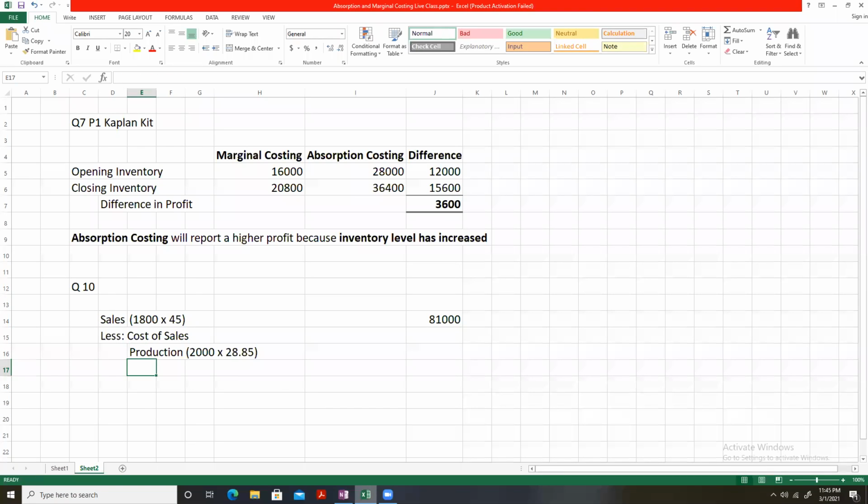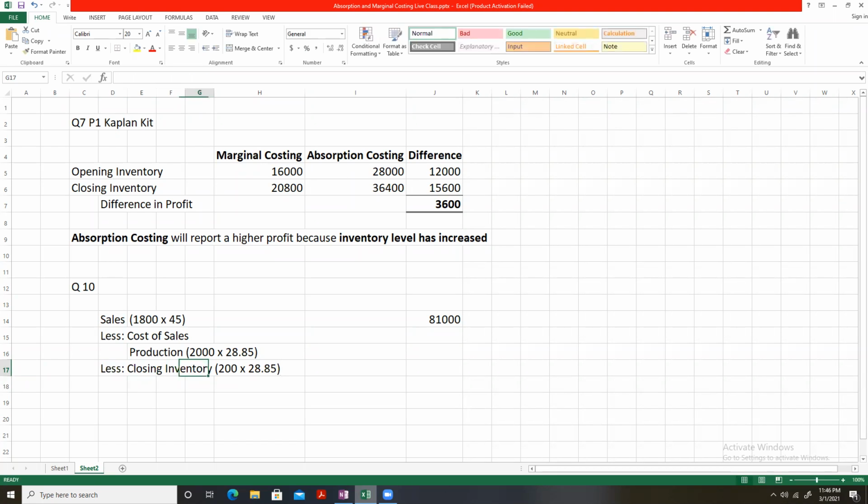Now, from the production, we will deduct the closing inventory. The closing inventory is 200 multiplied by 28.85.